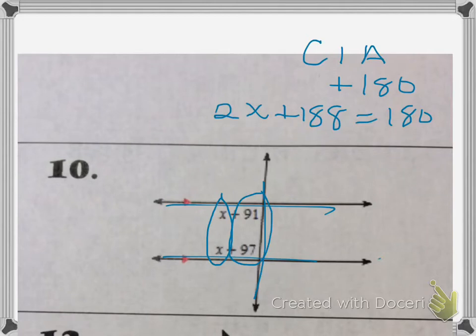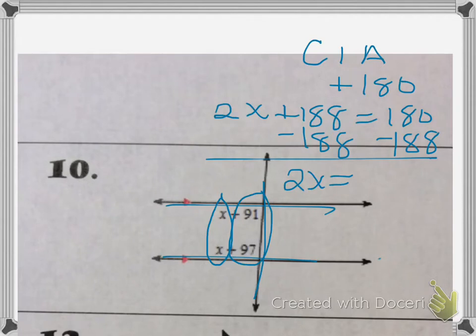And then I just solve that problem from there. So I'm going to subtract that 188 to the other side. So I get 2x equals -8. I'm going to divide both sides by 2. And I get x equals -4 for my solution.